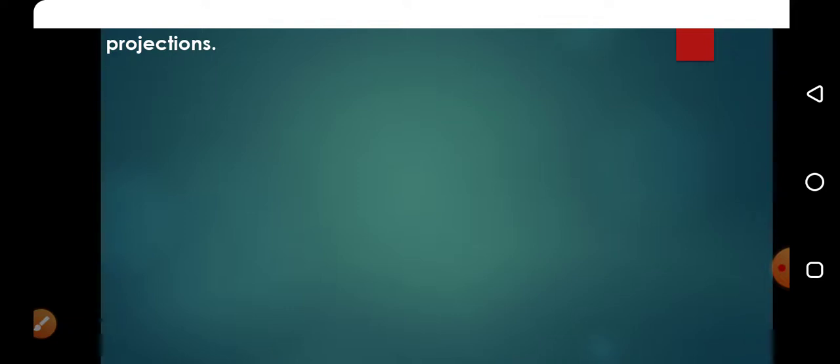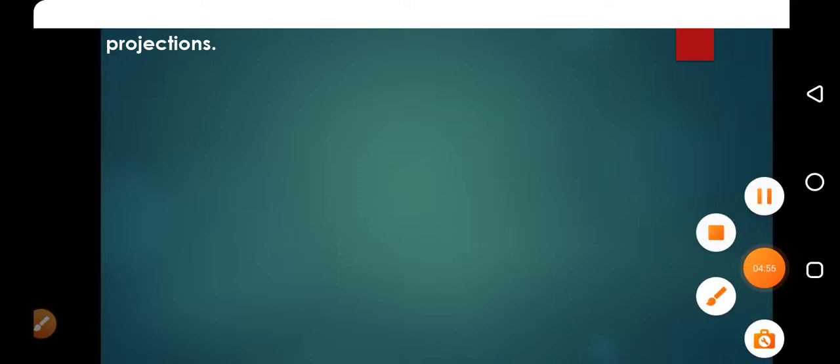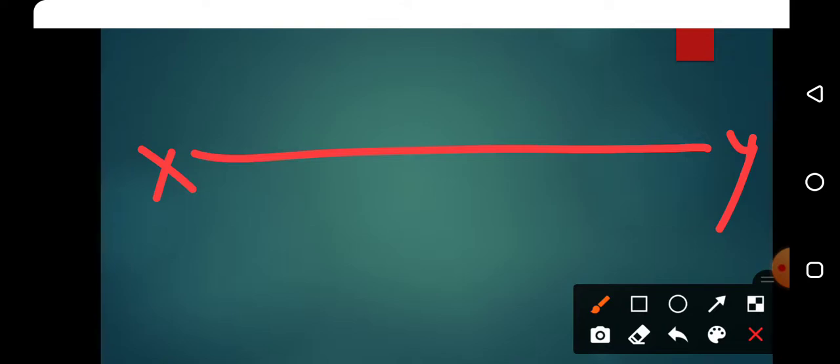Now the problem which is asked is based on the second quadrant, right? See here, this is the XY line and your point is on the HP. So here I will make point a dash. Don't use the capital letter here for the front view. The front view is always denoted by a small letter with a dash.